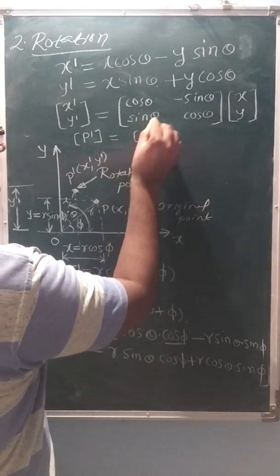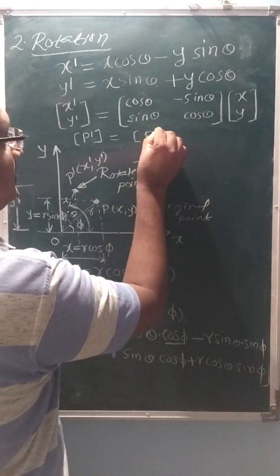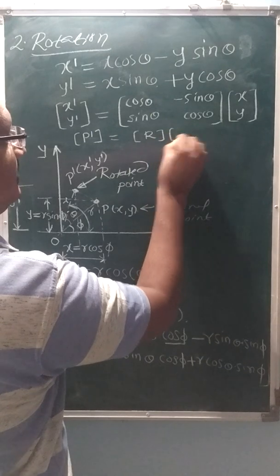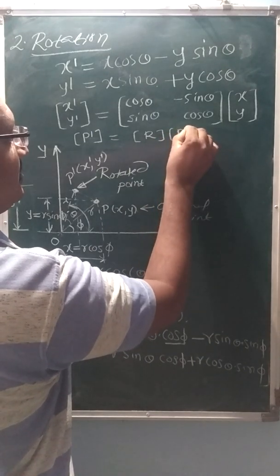Then this is the rotation matrix denoted by R, and this one is our original point.